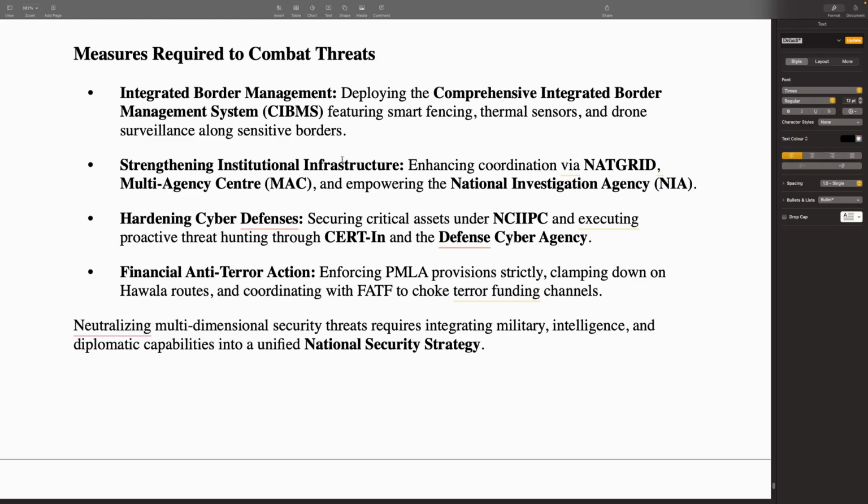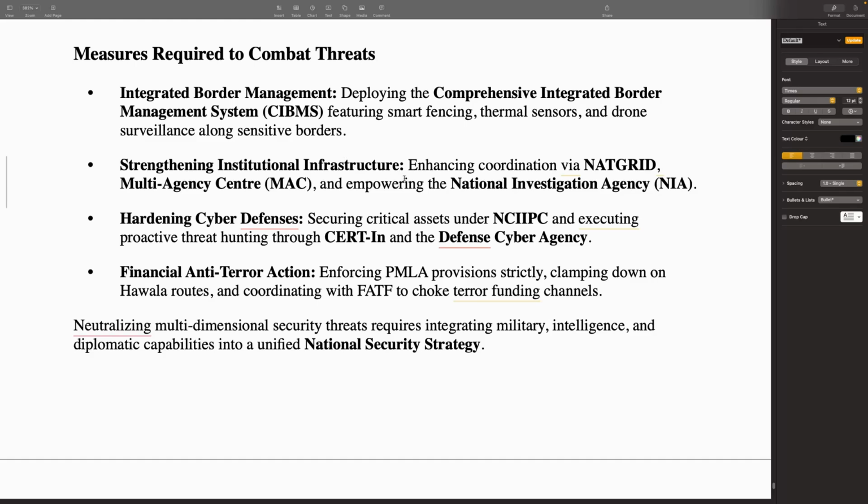Hardening cyber defenses, securing critical assets under NCIIPC, and executing proactive threat hunting through CERT-In and the Defence Cyber Agency. Financial anti-terror action, enforcing PMLA provisions, strictly clamping down on hawala routes, and coordinating with FATF to choke terror funding channels.